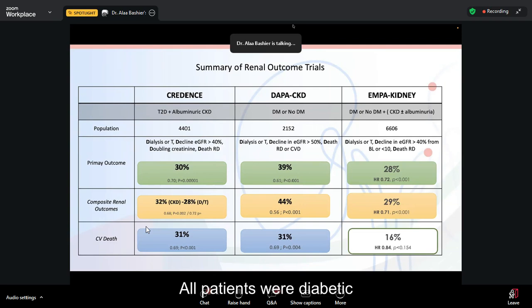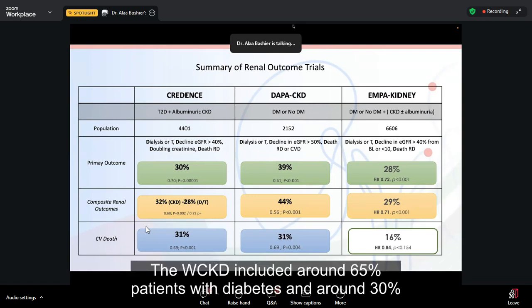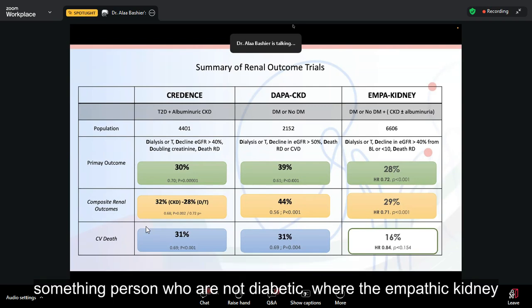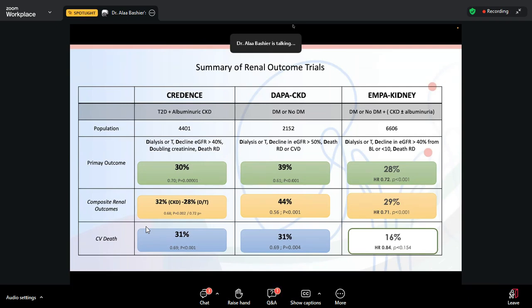CREDENCE included only diabetic patients, all of whom had either established cardiovascular disease or very high risk for cardiovascular disease. DAPA-CKD included around 65% patients with diabetes and around 30-something% who were not diabetic, whereas EMPA-KIDNEY had almost 50% subjects with diabetes and 50% without diabetes.